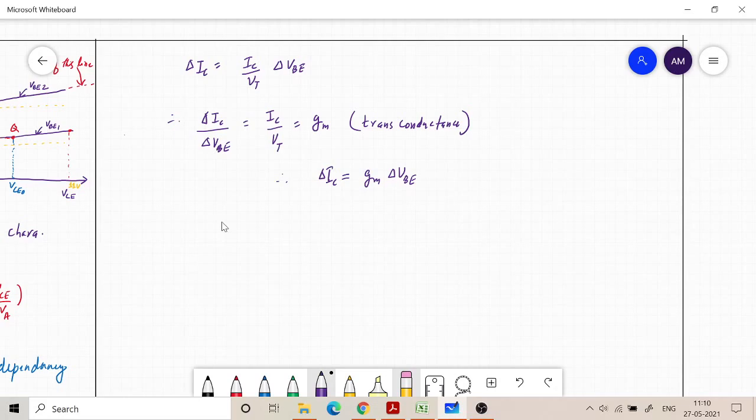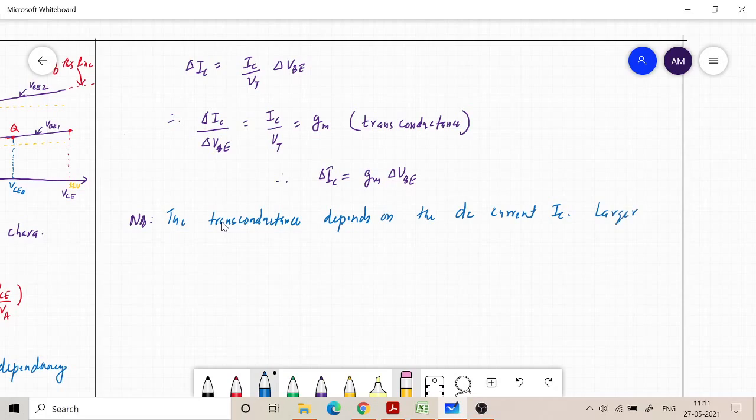So therefore we can add a note. The transconductance depends on the DC current IC.